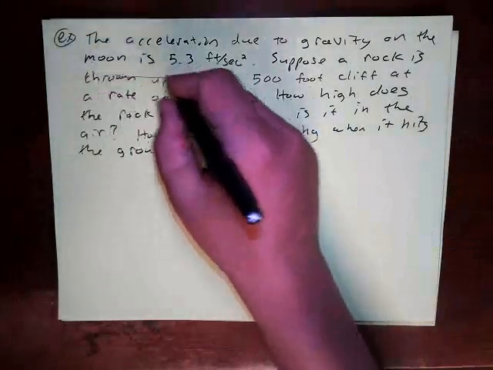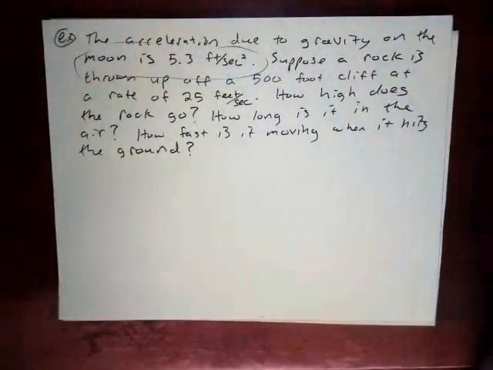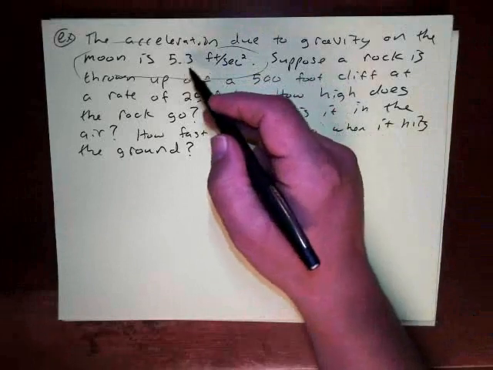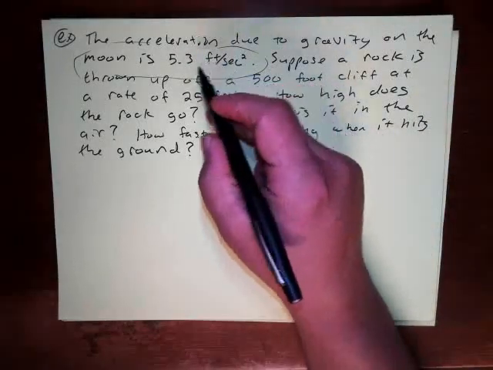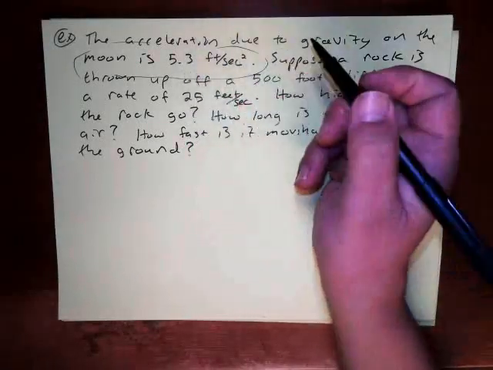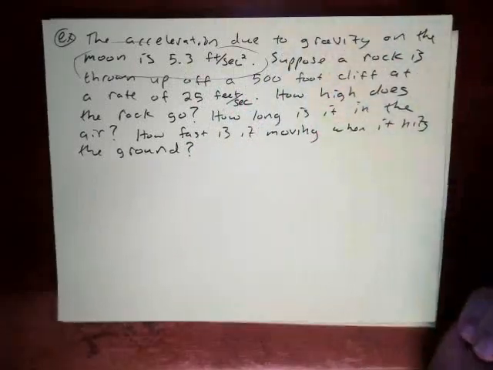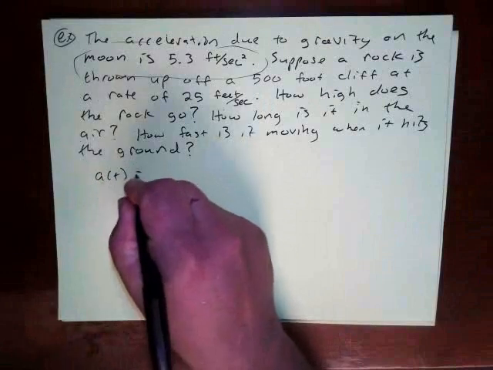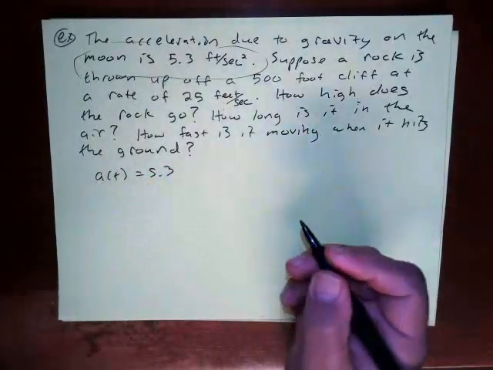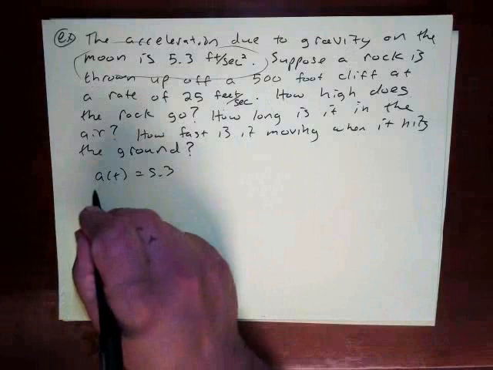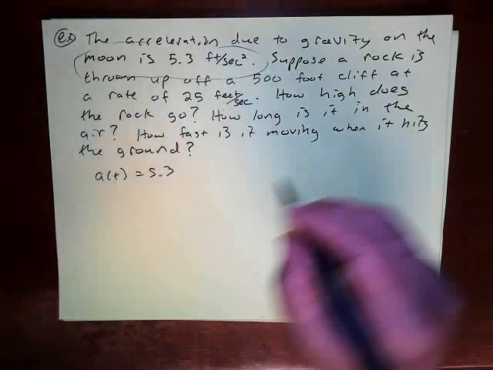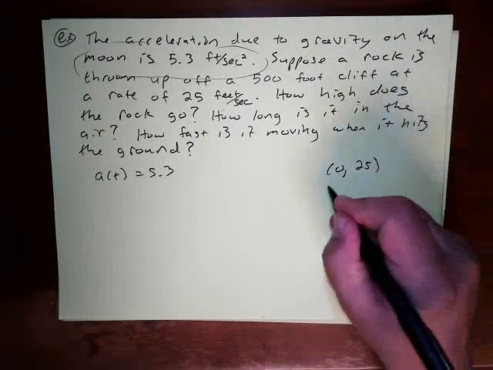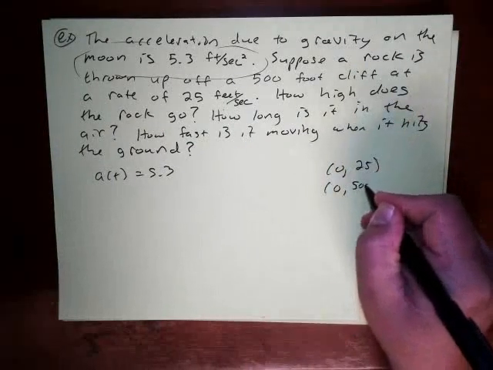Okay? And the thing here is it's on the moon, and now the acceleration due to gravity is no longer 32 feet per second squared, it's only 5.3 feet per second squared. It's a lot less on the moon. Okay? So my a of t would be the 5.3, and we can think we got these initial conditions, again 0, 500.